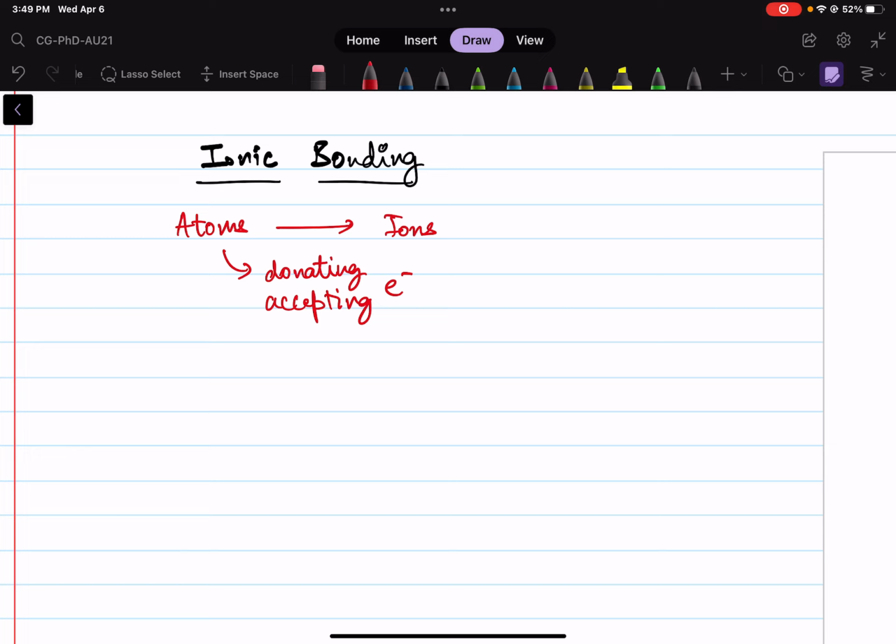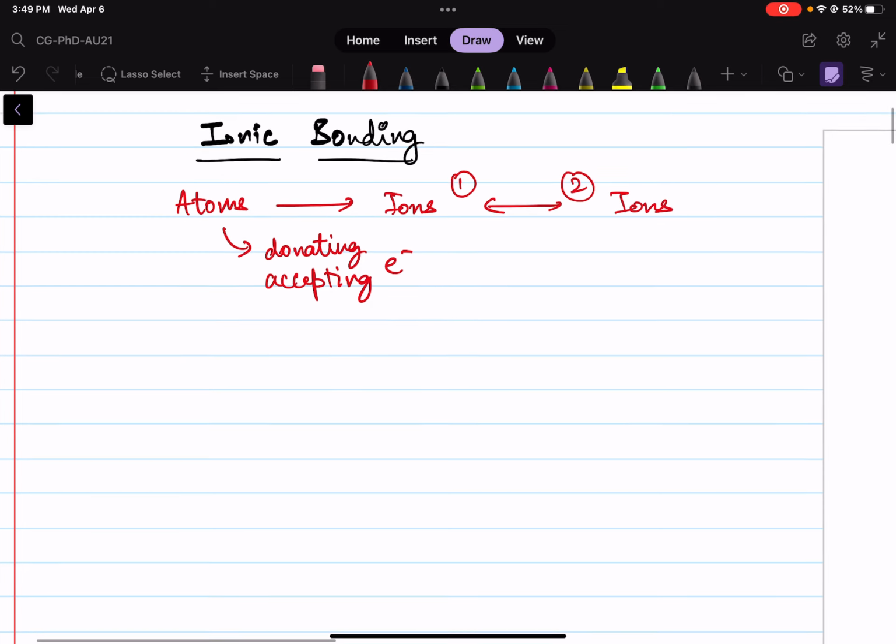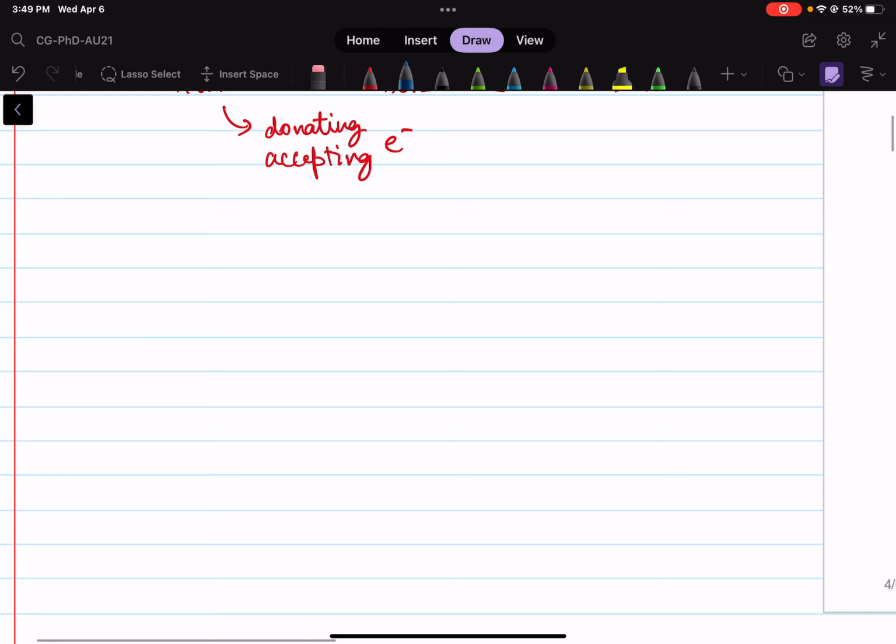And what happens when ions come together? So you have, let's say, ion 1, ion 2, and they want to bond with each other. In that sort of situation, you have ionic bonding. And here we'll try to make a rough model of that.